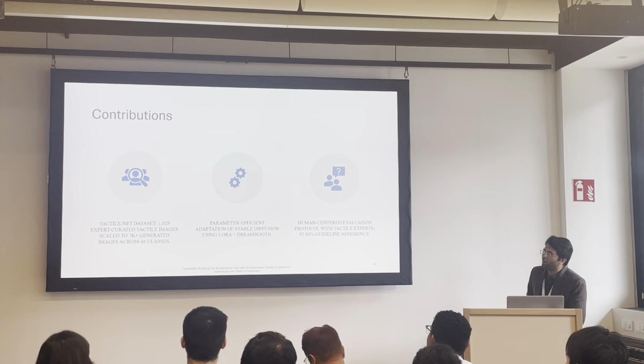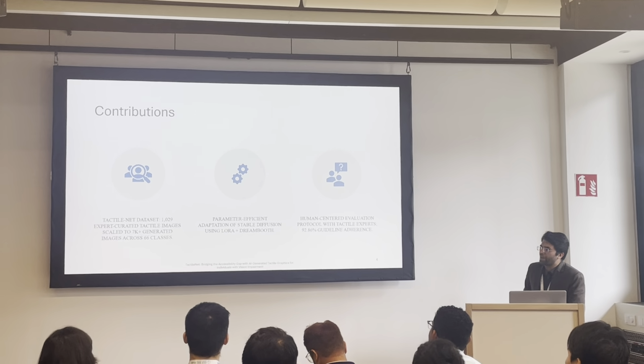So the contributions of our paper, to envision it with the AI lens, not having that data set in the first place, we try to close that gap for a machine learning pipeline.